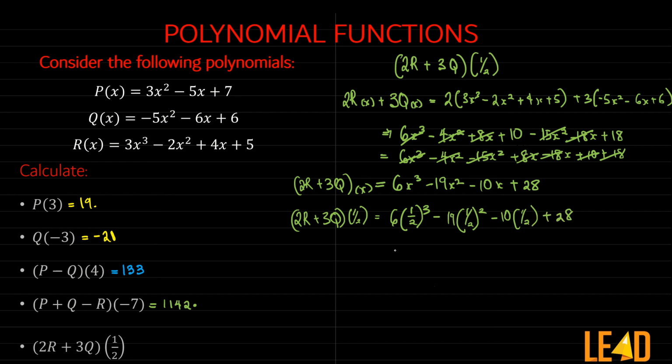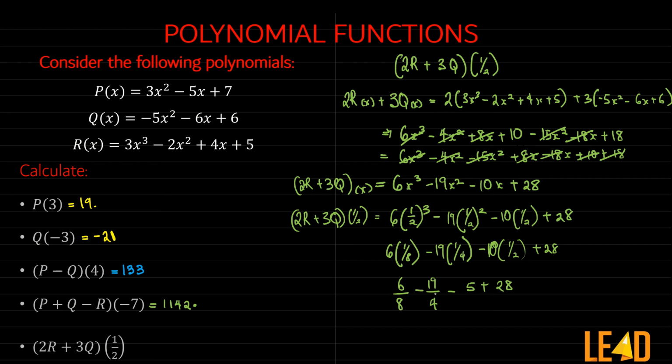So this is going to be 6 times 1 over 8 minus 19 times 1 over 4 minus 10 times 1 over 2 plus 28. Okay, so this would be 6 over 8. This would be minus 19 over 4. This would be minus 5 plus 28. So, okay, this is not much of a problem.